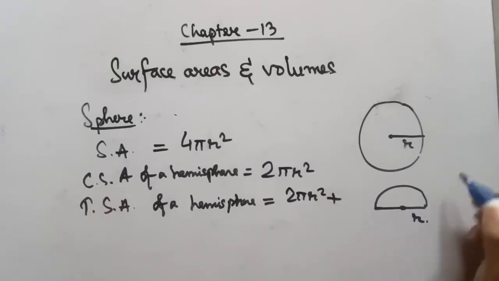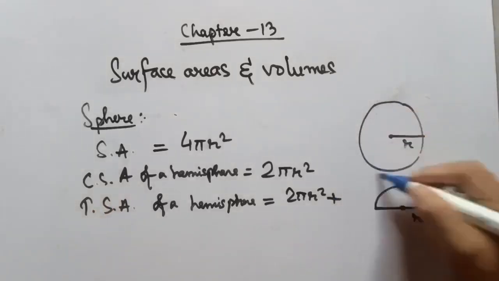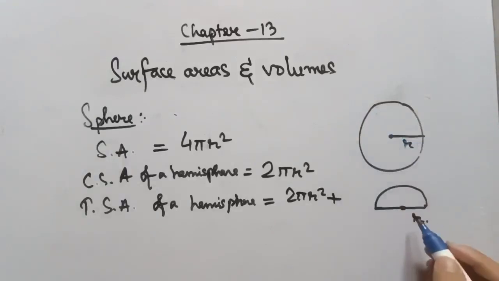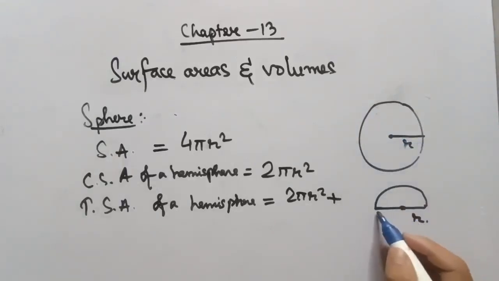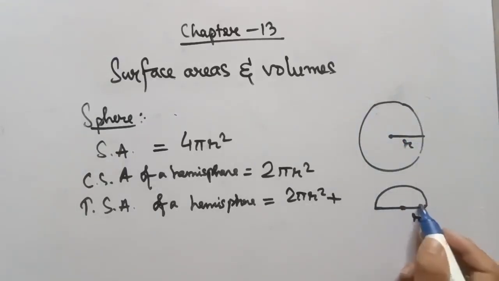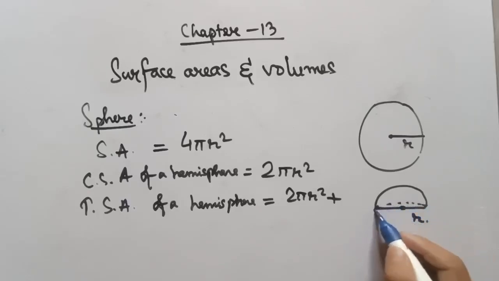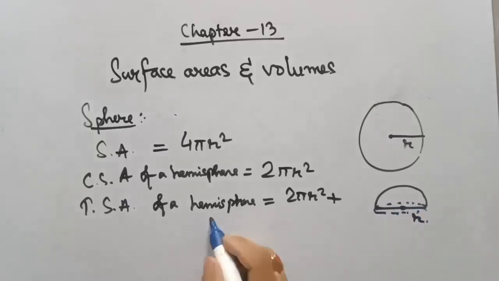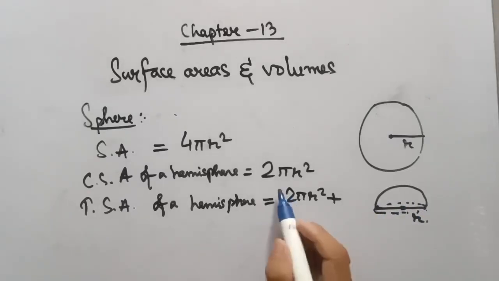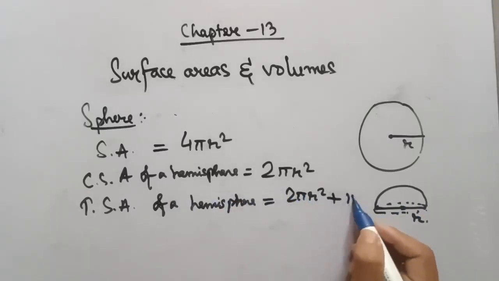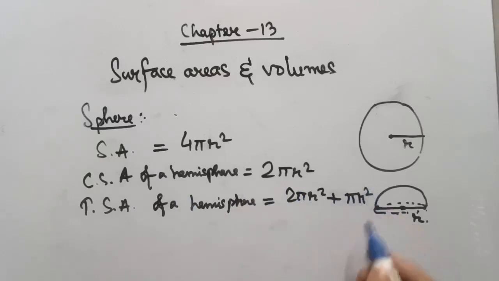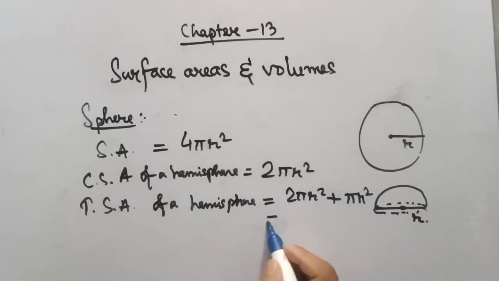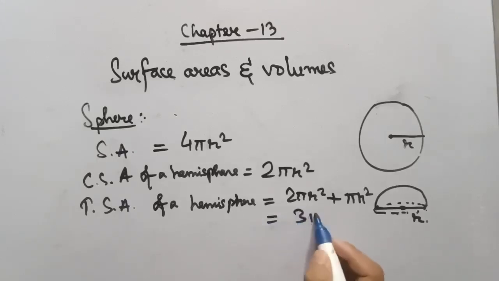If we cut a sphere into half, then the bottom will be in the form of a circle. So the total surface area of a hemisphere will be the sum of curved surface area plus the base, which is in the form of a circle. So that will be pi r square. So the total surface area will be 3 pi r square.